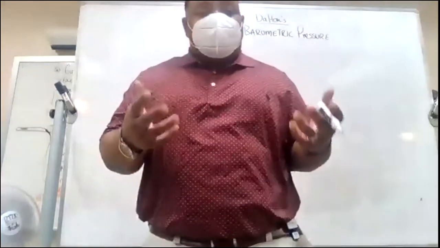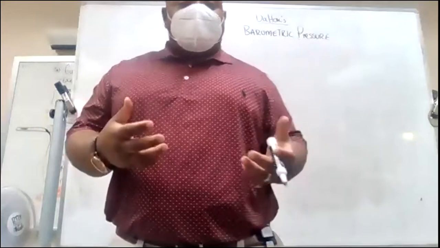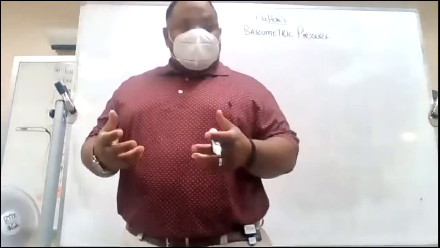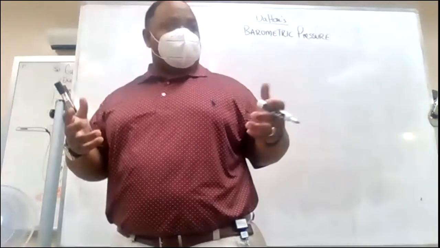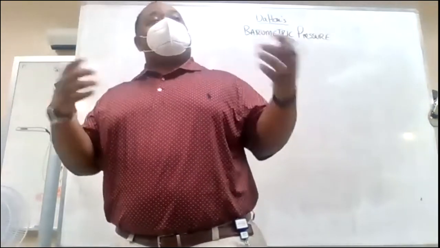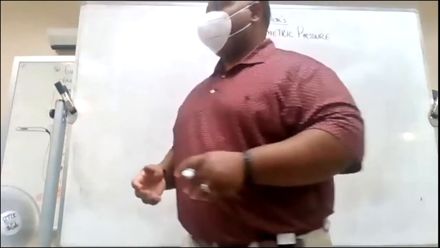And now, you need to make sure you understand that because there's going to be a lot of times we're going to talk about barometric pressure, and sometimes it's not 760. Remember when we do the PAO2? Sometimes the barometric pressure is higher or lower.